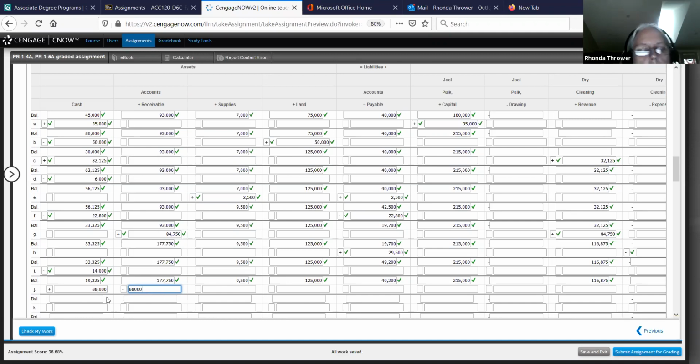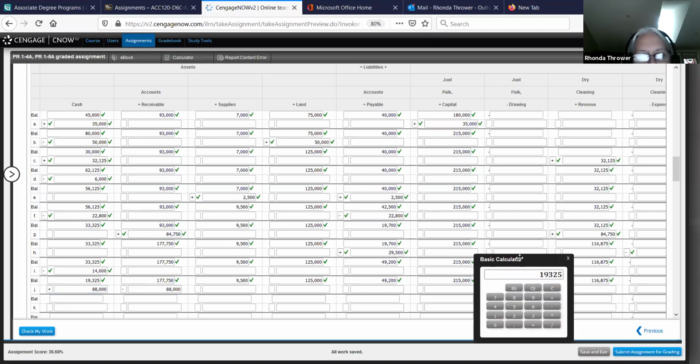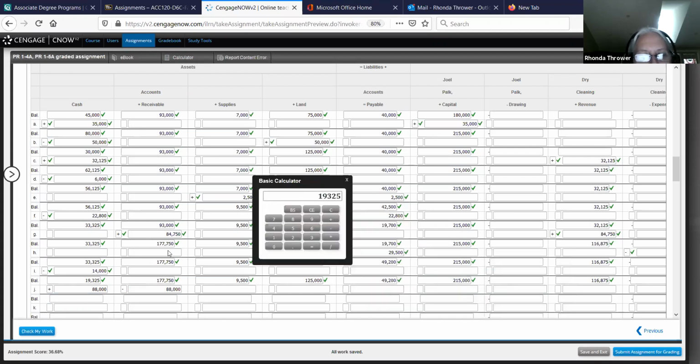Both of these are asset accounts, so they wash each other out. So there's really no change in the total assets, liabilities, and owner's equity, but our balances would change for cash and accounts receivable. So the balance before this in cash was $19,325. I'm going to add to this $88,000.